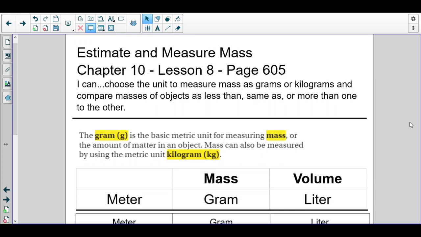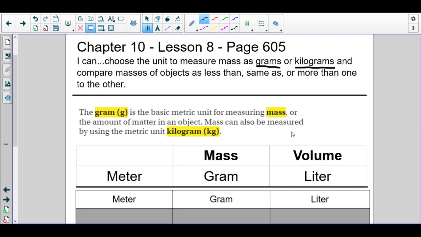So, what are we going to be able to do by the end of this lesson? Hopefully I can choose the unit to measure mass as grams or kilograms, and compare the masses of objects as less than, same as, or more than one to the other.